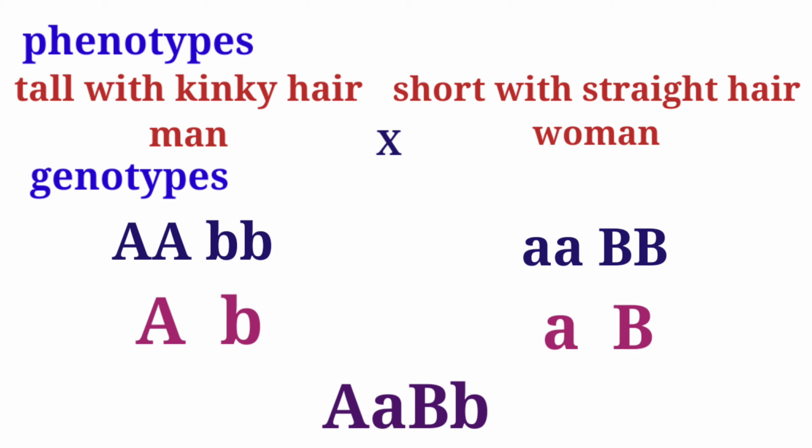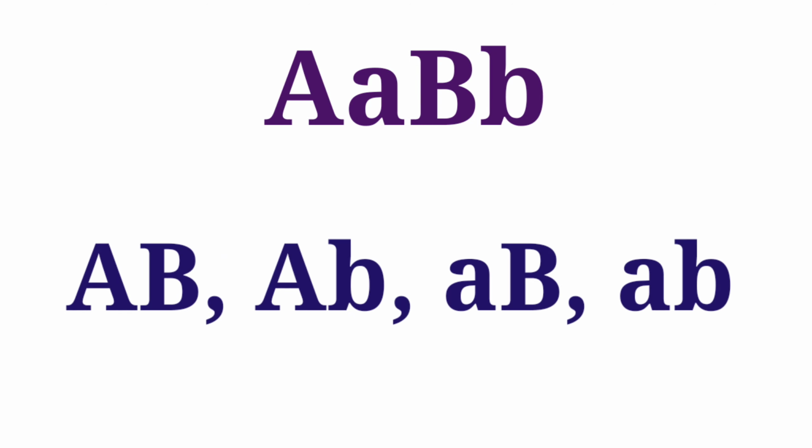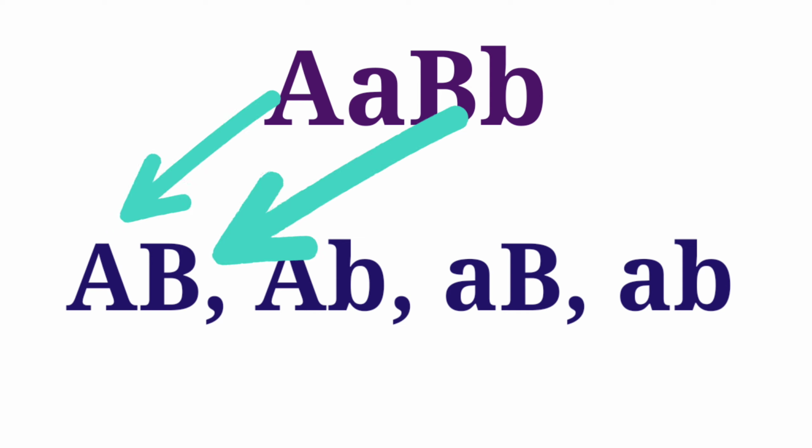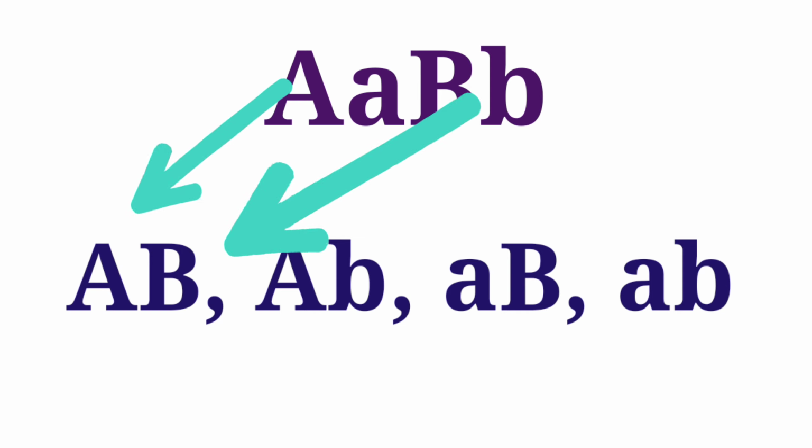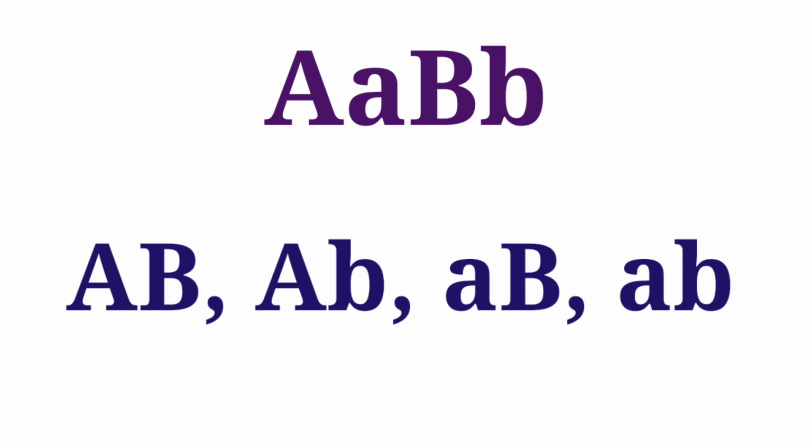Okay, so next to that is we will be solving using the Punnett square. Okay, so now we will copy the genotypes of the parent, and then we will extract also their gametes. Okay, so the gametes are the following. So where did this come from? The capital letter A and the capital letter B came from the genotypes of the parents, like that one.